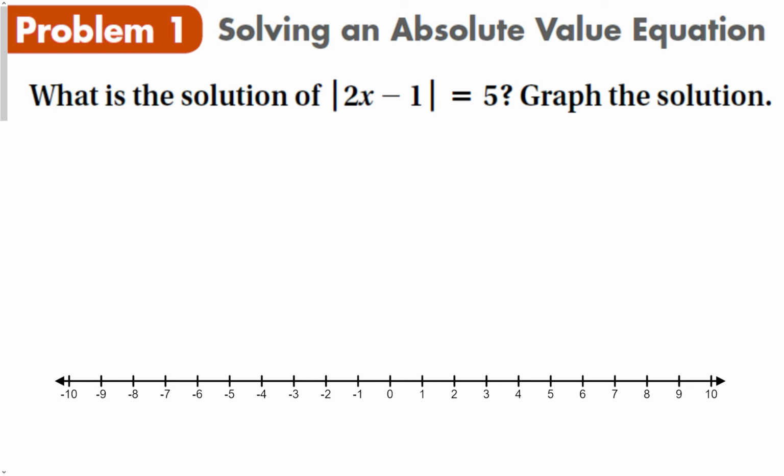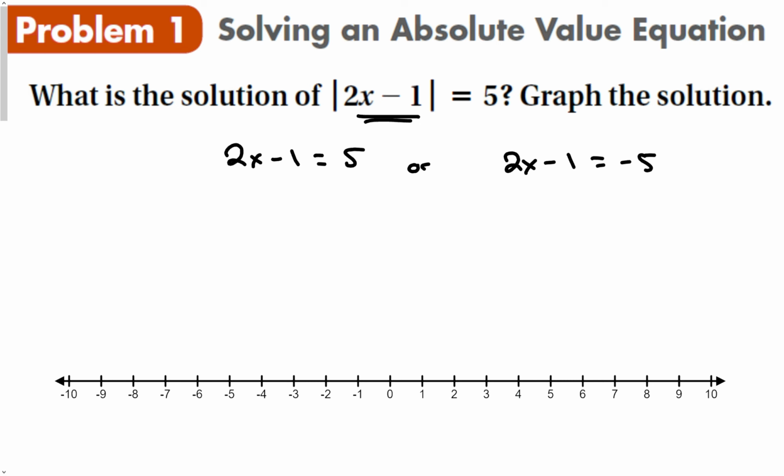In this case, it is. So the inside of the absolute value signs could be equal to 5, or the inside could be equal to negative 5. Because then once you take the absolute value, either one of these would be equal to 5.